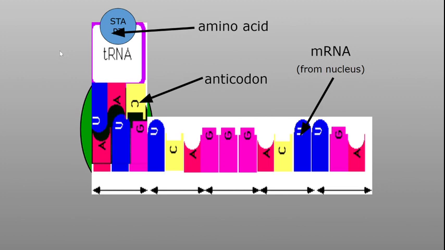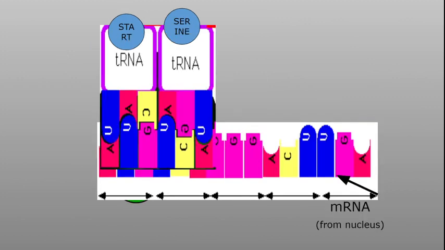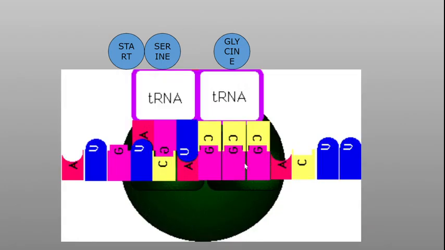We don't have an amino acid for AUG, it's just a start codon. So we're going to keep building on. We're going to convert our base pairs to RNA. Our tRNA is going to go get our amino acid, and it's going to continue down the line. Our tRNA is going to continue getting the stuff for us.